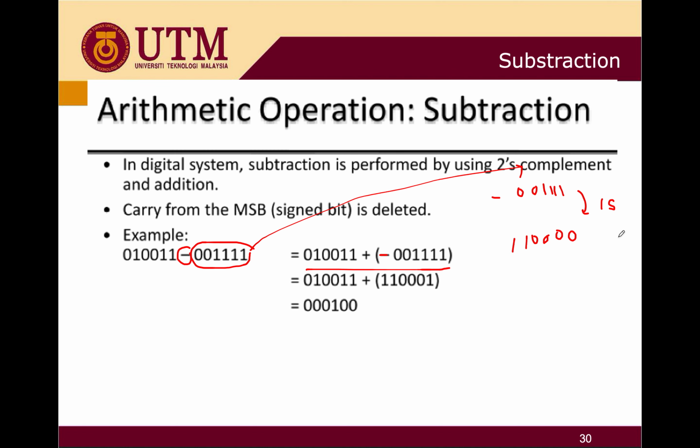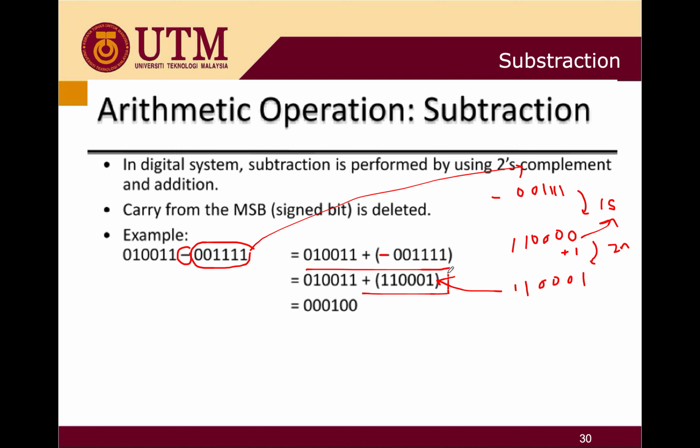This is the answer for first complement. And after that, you're going to change it into second complement by adding 1. Just add 1 over here, you get 1, 1, 0, 0, 0, 1. That's why you come up like this.